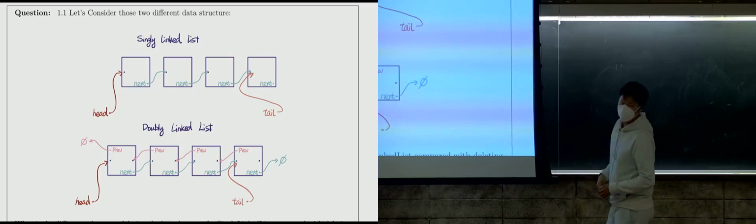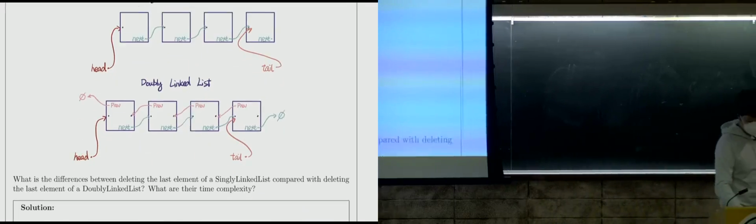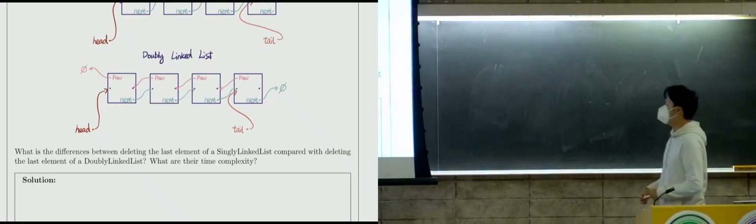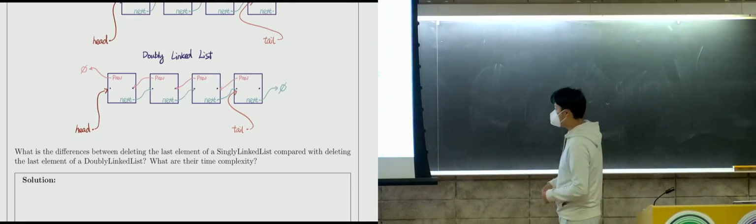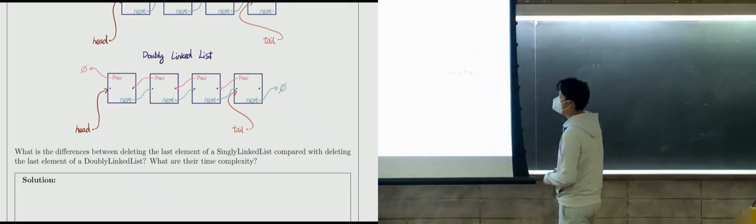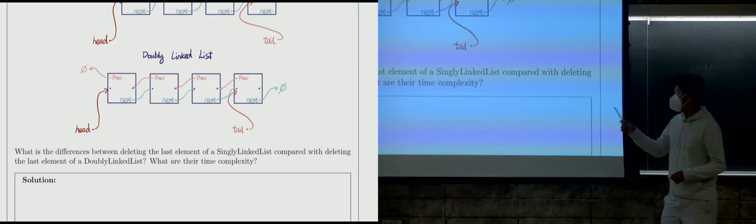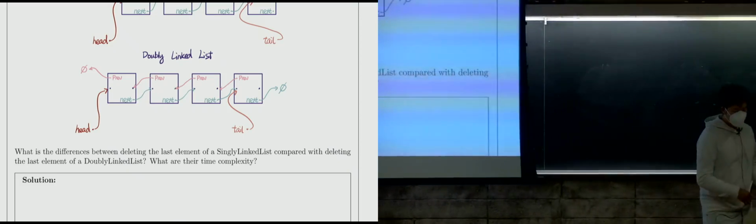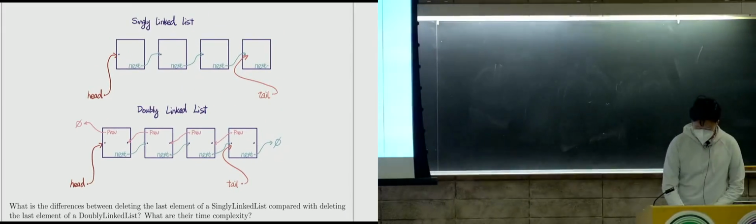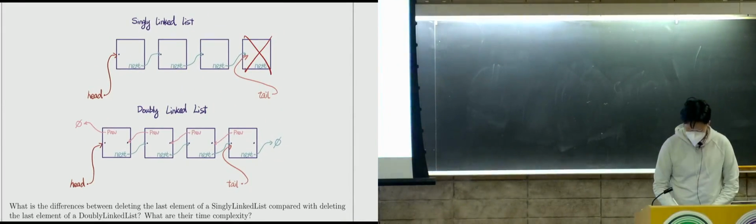And we have a doubly linked list. So what is the difference between deleting the last element of a singly linked list compared with deleting the last element of the doubly linked list? And what are their time complexities? My goal is to delete the last element here.